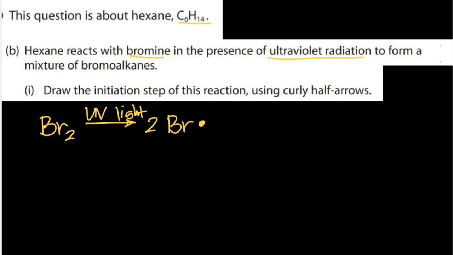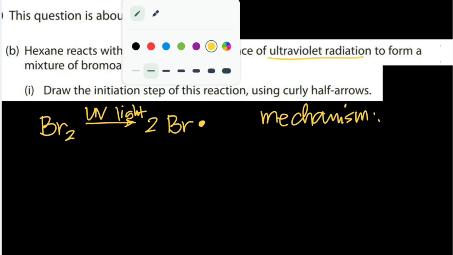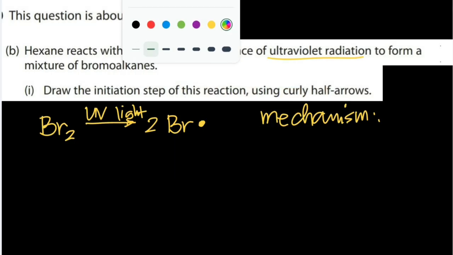So with curly half arrows, we can draw one curly half arrow from the bromine-bromine bond to each bromine atom, showing that one bonding electron goes to each bromine atom. So the mechanism would look like this. Okay, let's change color.